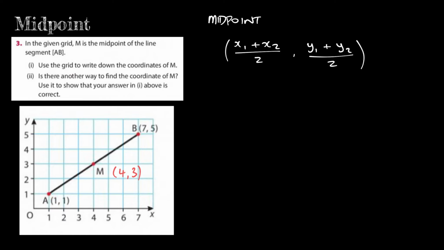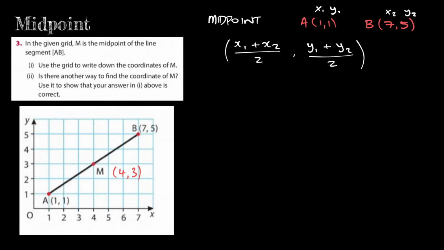So let's put in our points. A in this case is 1, 1, and B in this case was 7, 5. Let's label them x1, y1, x2, y2, and simply put in our values.